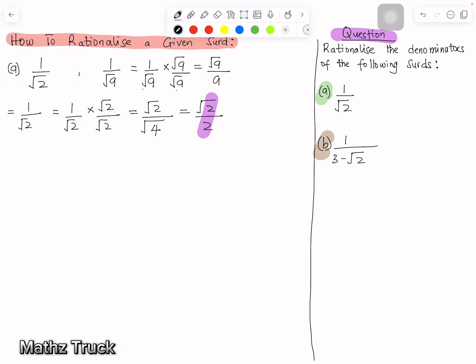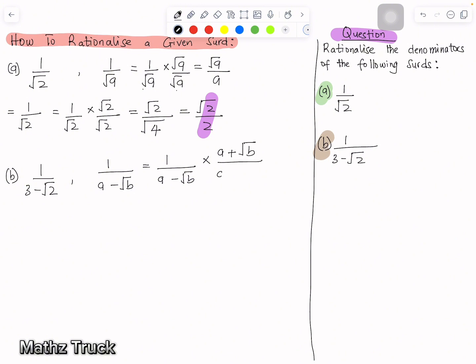Now, the second question, we have 1 over 3 minus root 2. It also has its own principle. The principle is this. We have 1 over A minus root B will always be equal to 1 over A minus root B multiplying the numerator and the denominator by A plus root B. The sign is going to change from minus to plus.